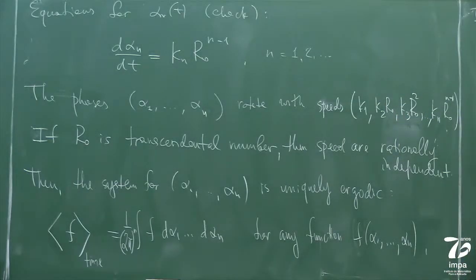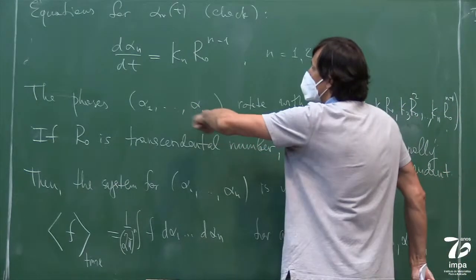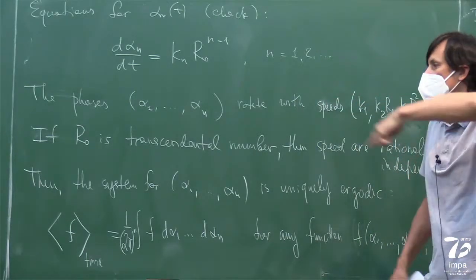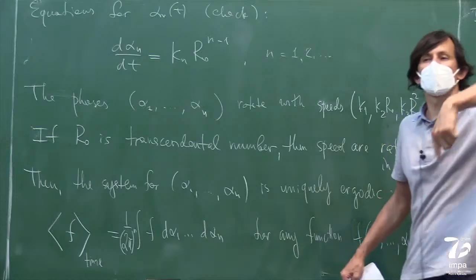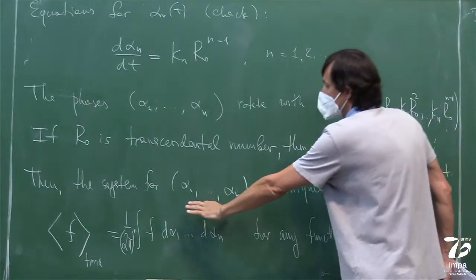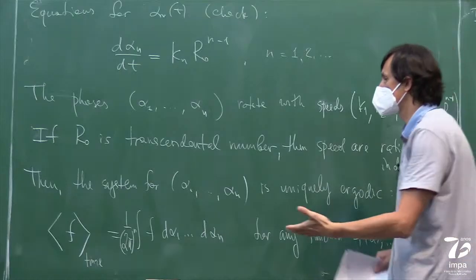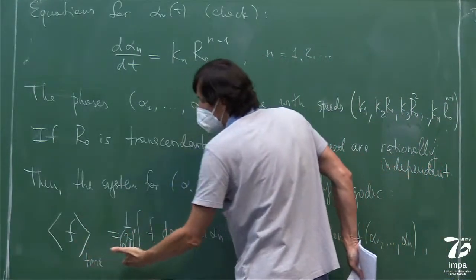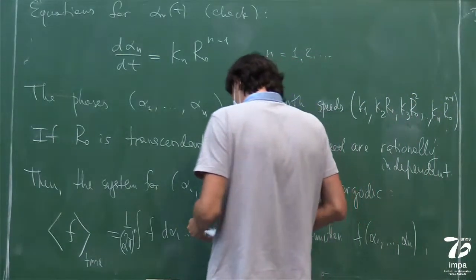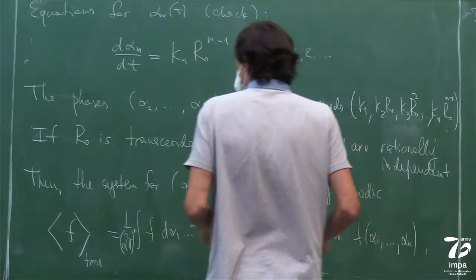So it means that each solution will go through all the area, nearby every point, and it will visit all the space uniformly. So whenever you make an average with respect to time, it's the same as just average with respect to space. So this is what we know from dynamical systems.